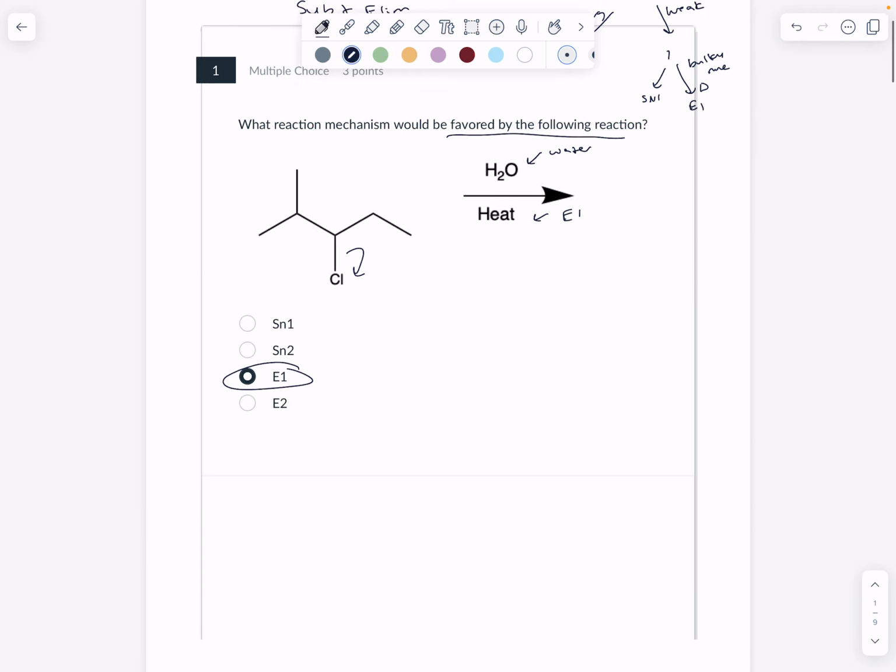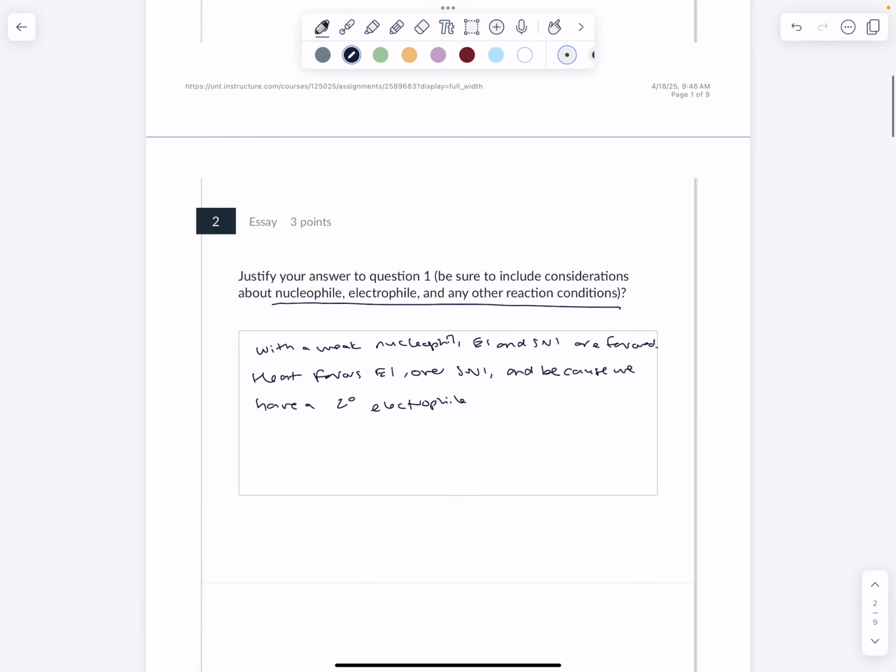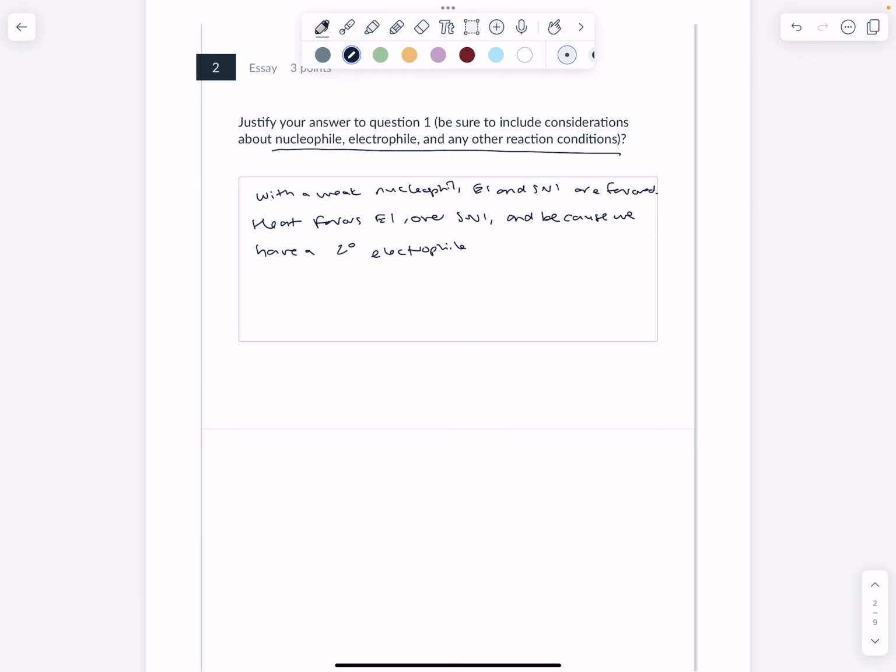So even if all these things were true and it was a primary leaving group, if we had the same reaction conditions, heat and water with this structure, it would not go through an E1 reaction because the leaving group can't leave on that primary carbocation. So instead, this would favor E2 because of the heat. So it would just take more energy for the leaving group to actually be kicked out because it's a weak nucleophile.